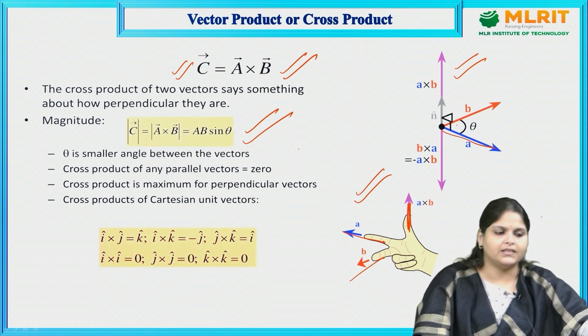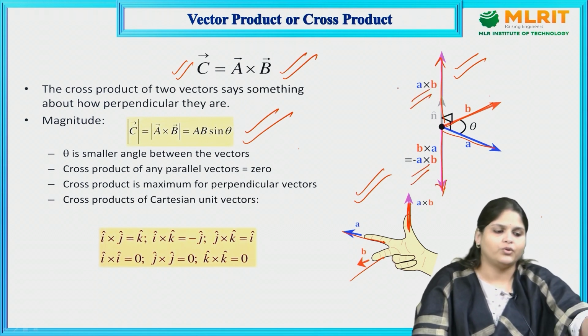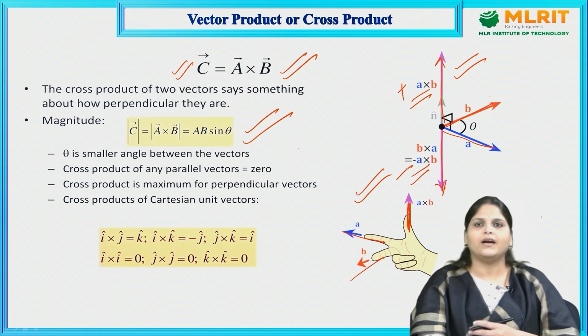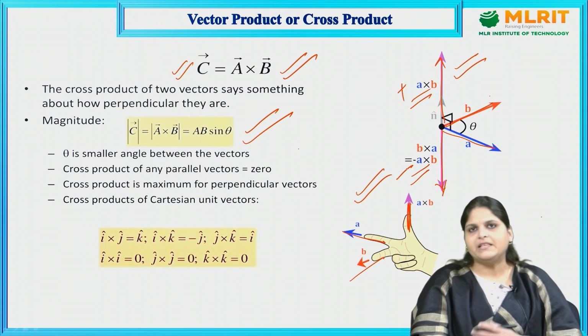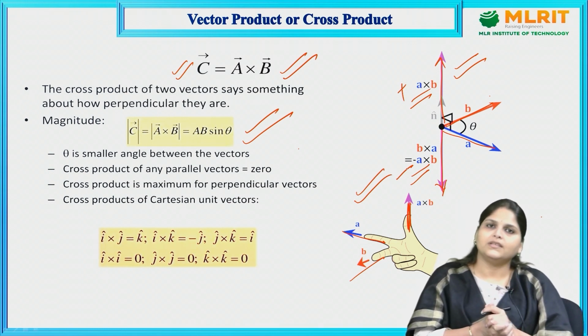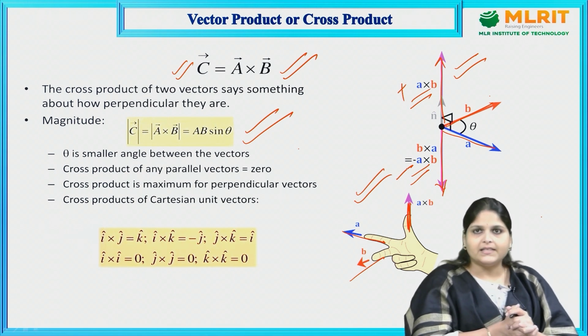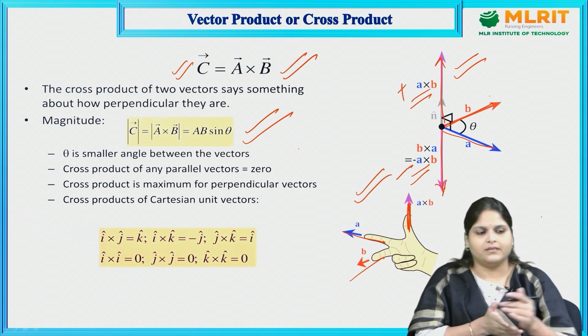This is A, this is B, and this is the cross product of A and B, and in the opposite direction it will give you the same magnitude. Here you have a positive value and here you will have a negative value, right? So by using cross product, we basically understand how perpendicular these two vectors are to each other, right? Now if you talk about this angle theta, it is the angle between the vectors, this angle.